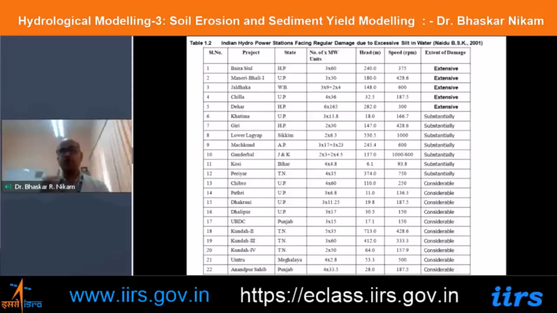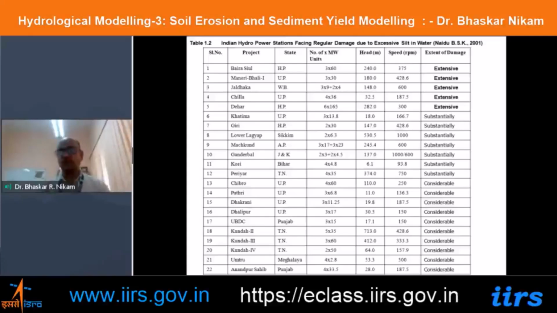We are a monsoon-fed country. We receive the maximum amount of rain in the monsoon, and in the duration in which we receive the maximum rainfall, so the maximum runoff, we are not able to capitalize on that. We are not able to use that water due to the heavy sediment load in it.